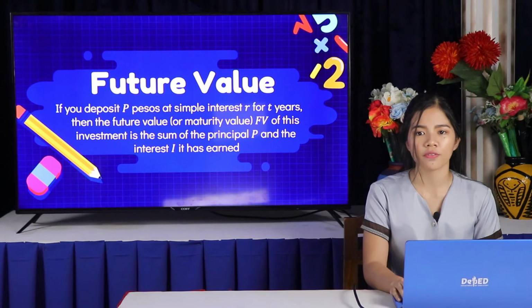We formally define future value as this. If you deposit P pesos at simple interest R for T years, then the future value or maturity value FV of this investment is the sum of the principal P and the interest I it has earned.